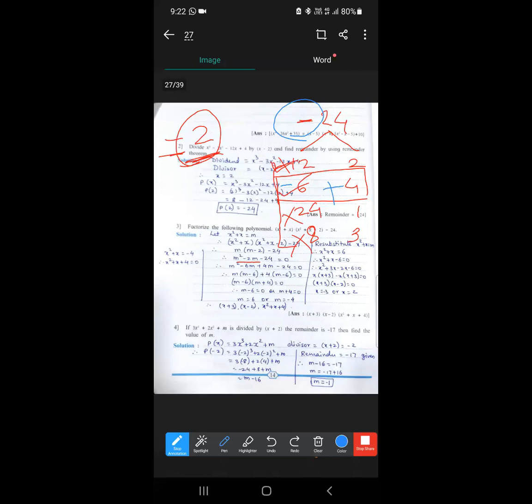Now this is the way in which you should decide the correct divisor along with the correct sign. If you follow this, I'm sure you will not make any mistake, because this particular topic is carried forward to your 10th standard also.